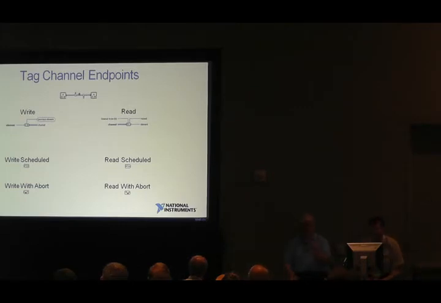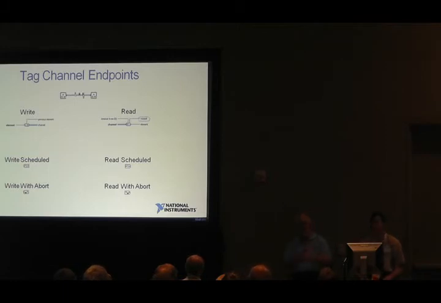The missed output on the right on the read endpoint basically tells you how many data points you missed. So if it comes back as a 0, it means you've read a value and you didn't miss any. So it's a new value. If it comes back as a positive number, then you missed that many points.